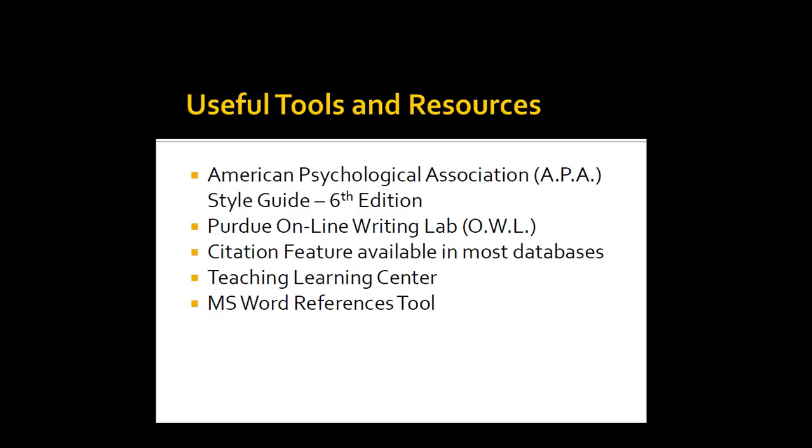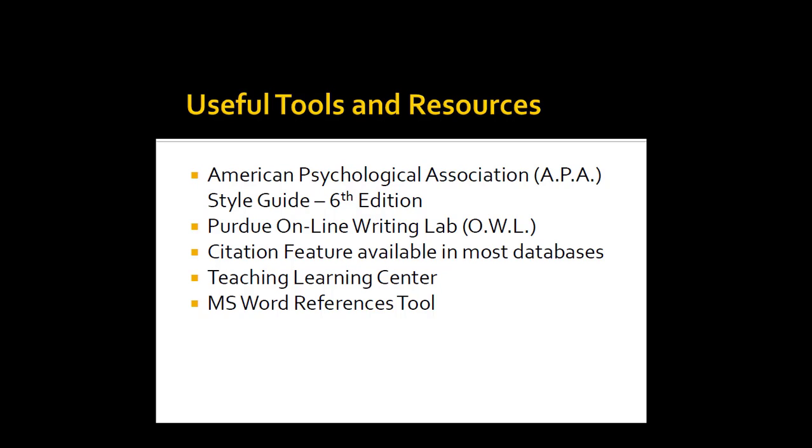Some useful tools and resources. The primary resource would be the American Psychological Association or APA Style Guide, 6th edition, the Purdue Online Writing Lab, or OWL, which is available through the library's citation resources off of our website. Most databases will have a citation feature or tool that you can use.